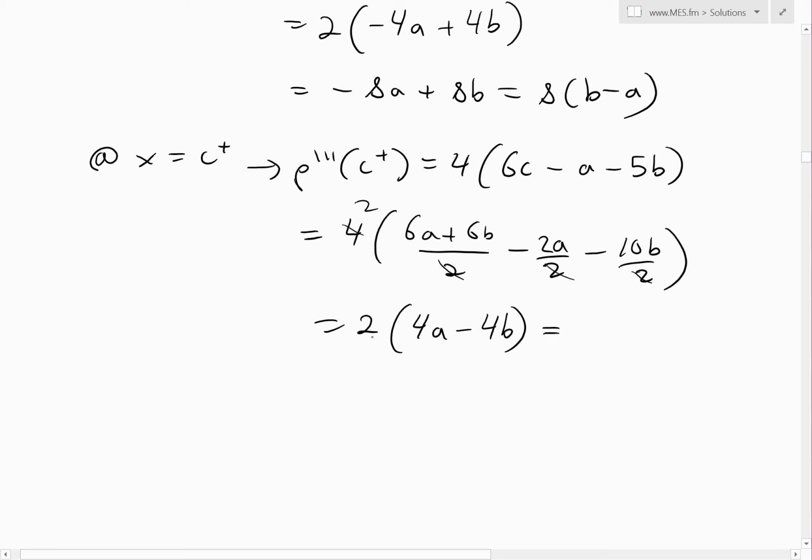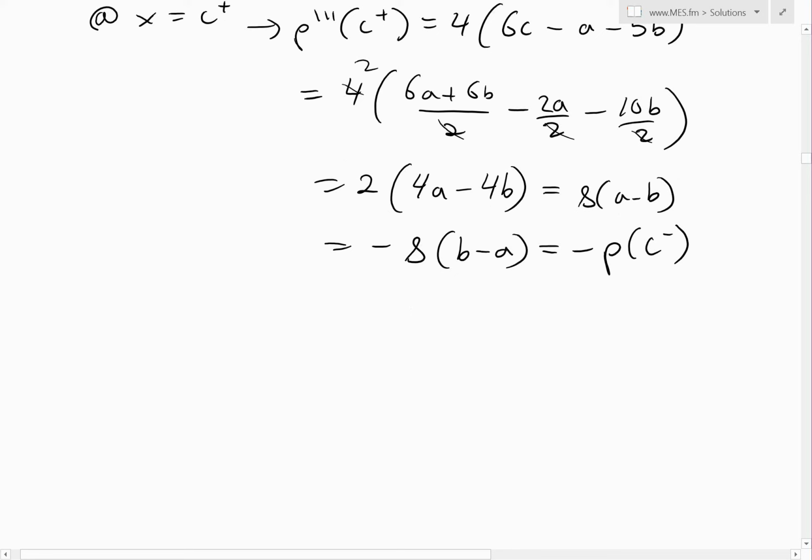So this equals 2 times 4a minus 4b, and moving these around, I'll take the 4 out, so we'll have 8 times a minus b. We want it in terms of b minus a, so this equals negative 8 times b minus a, which equals, well, this is going to be p triple prime of c minus, so the negative of the left side.